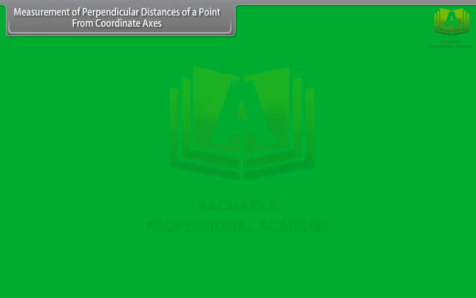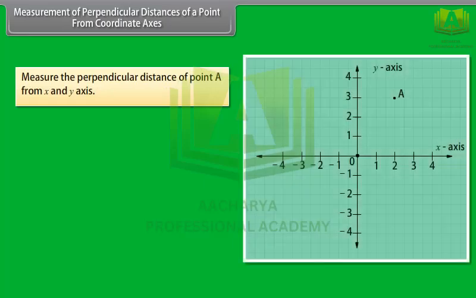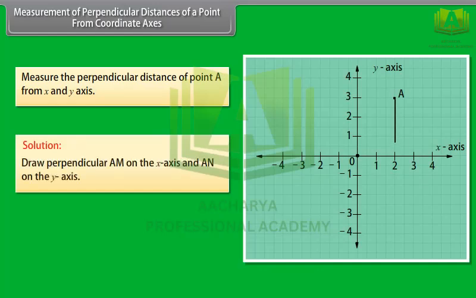Measurement of perpendicular distances of a point from coordinate axes. Let us now learn how to measure the perpendicular distance of a point from the coordinate axes. Measure the perpendicular distance of a point A from the x and y axes. Solution. Draw perpendicular AM on the x-axis and AN on the y-axis.